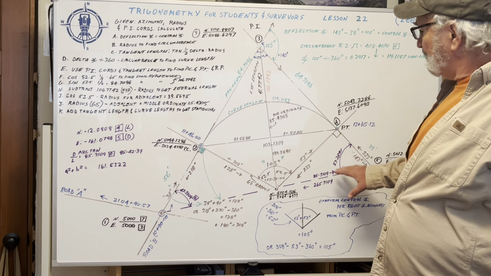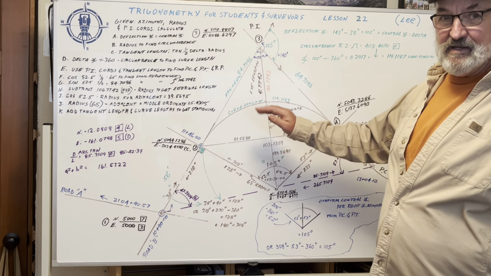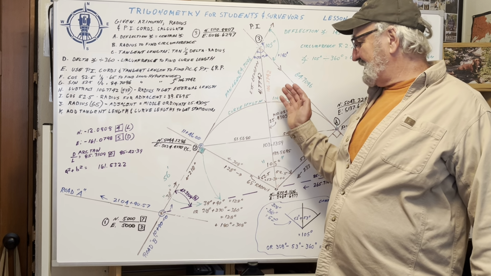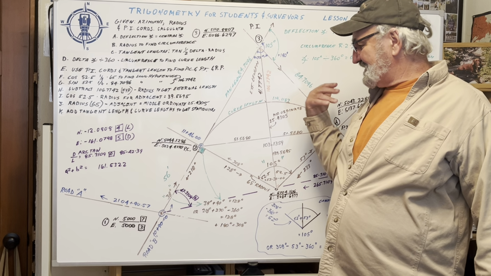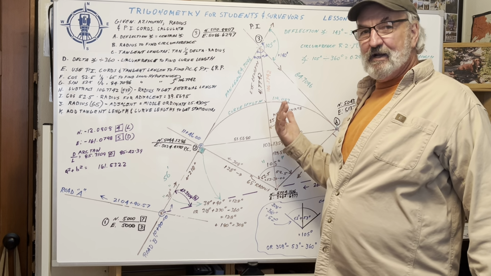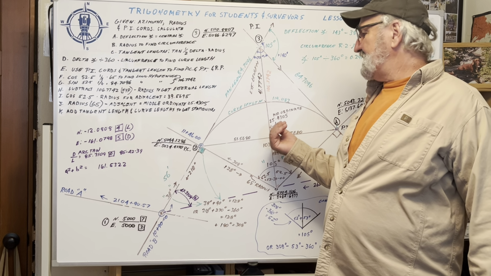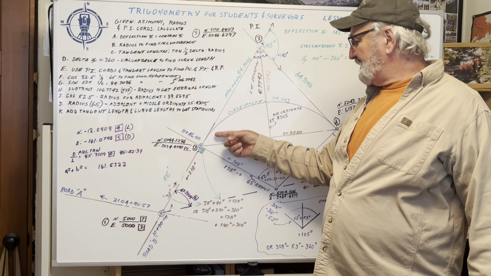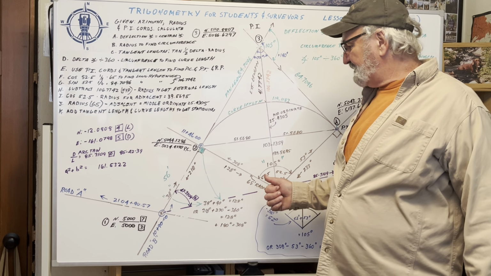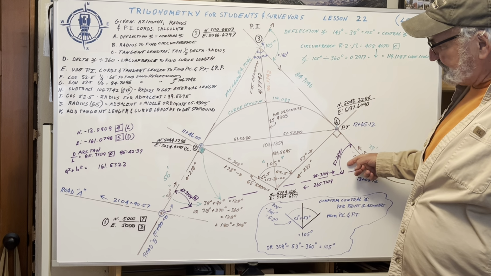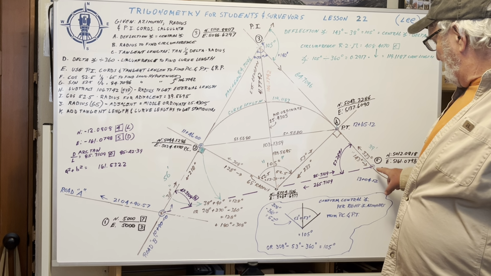From that, we can solve. I'm not going to do that right now. That's complicated enough in itself, in past lessons. But you can go back to the oblique triangles and figure out exactly which function to use, law of sines or law of cosines.